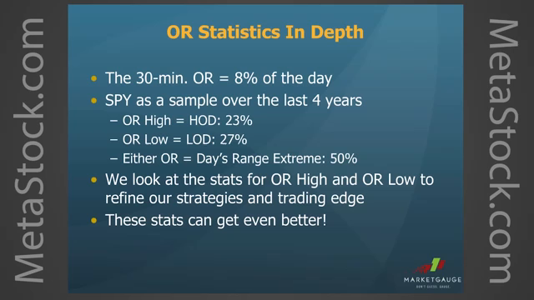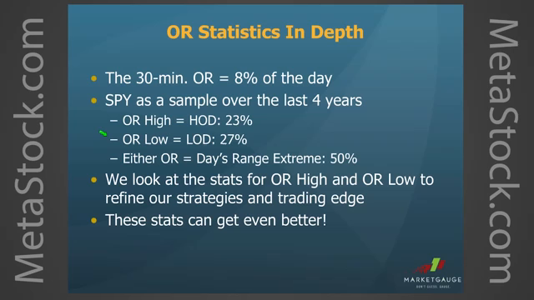If we break that down, it breaks down like this. The opening range high is the high of the day 23% of the time, and the opening range low is the low of the day 27% of the time. Now, I didn't just take those two, add them together, and get 50.